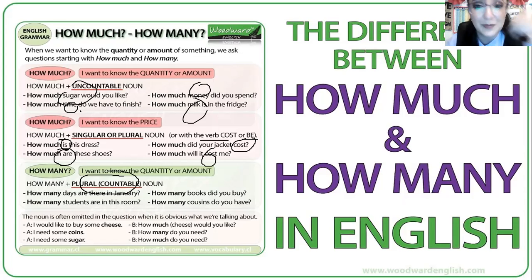They are not going to be having plurals, but I like to specify, even though. So how many days are there in January? You can be counting them. How many students are in this room? We can be counting them. How many books did you buy? You can be counting them. Excellent. Or how many cousins do you have?